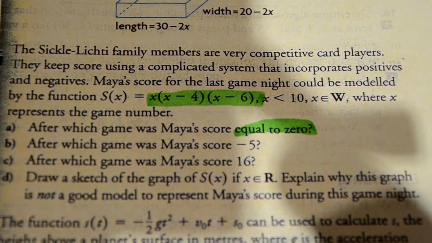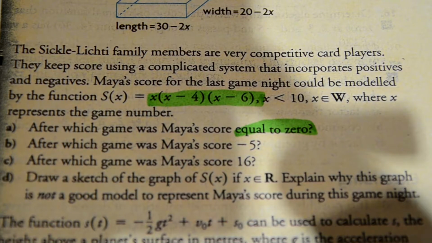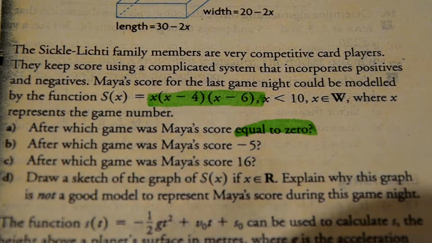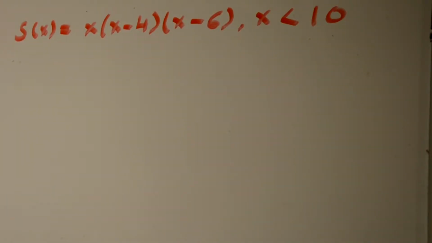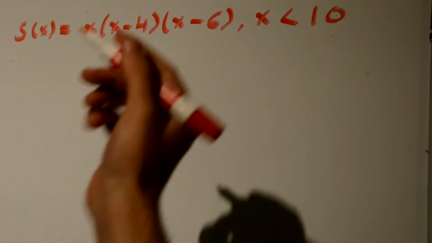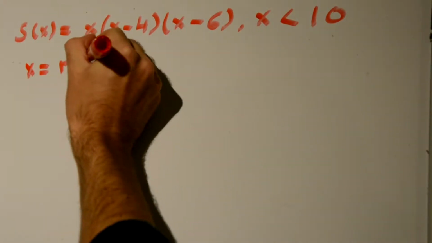Part A of question 11 asks, after which game was Maya's score equal to 0? To answer this question, we must know at which point the cubic function representing Maya's score for the last game night crosses over the x-axis, therefore meaning that it is equal to 0. Using the knowledge we learned in Unit 2, I know that our cubic function is equal to 0 when x is equal to one of its roots.